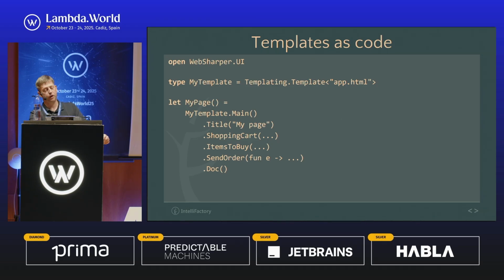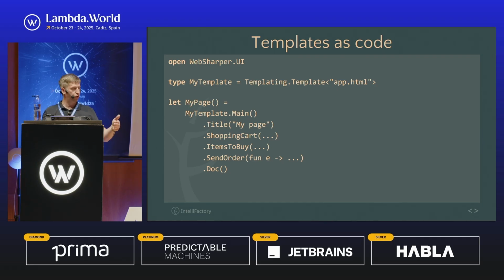So here we have a templating type provider, which is the one coming from WebSharper templating. It takes an HTML file, it traverses the file, finds placeholders and various WebSharper specific attributes, and then it generates you a type space.